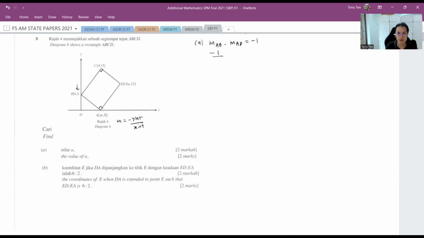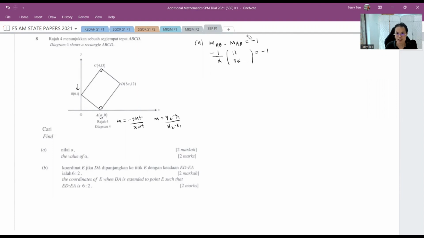My x-intercept is just A, in this case alpha. And for AD, remember, we can find gradient by using y2 minus y1 over x2 minus x1. My y2 is 12, my y1 is 0. My x2 is 5 alpha, my x1 is alpha. The result is -1.